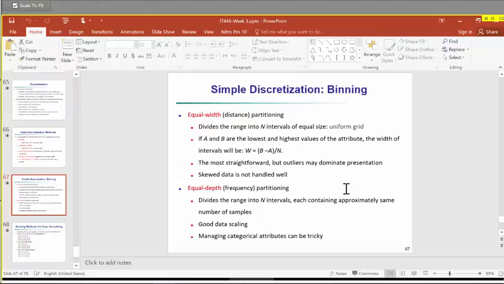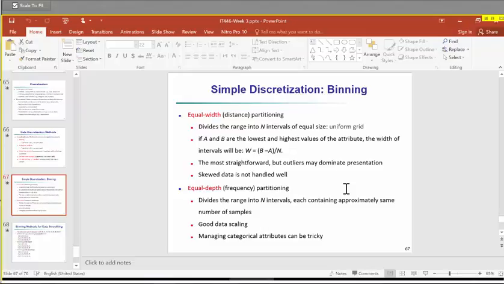The other type of discretization is equal depth discretization, or equal depth based partitioning, and we also call it frequency based partitioning.